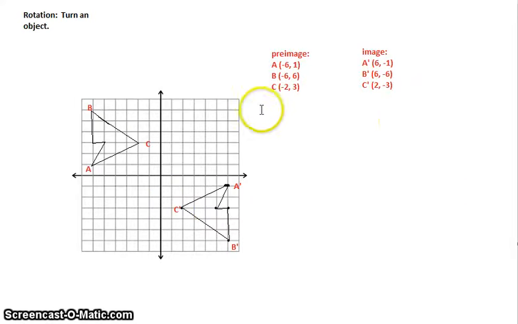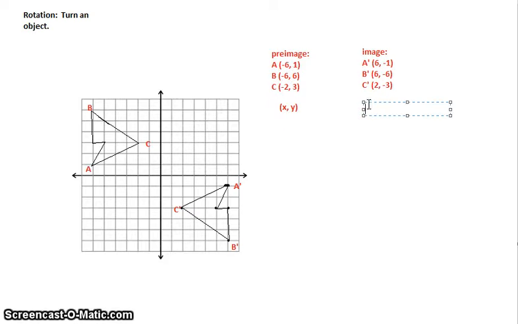Now I'm going to compare my pre-image to my image. If this is my x and my y, what do I do to my x and y in order to get to my image? What I've done here is I have rotated my object 180 degrees, and so this will be the rule for rotating 180 degrees. If I compare, these numbers are exactly these numbers, just the opposite.